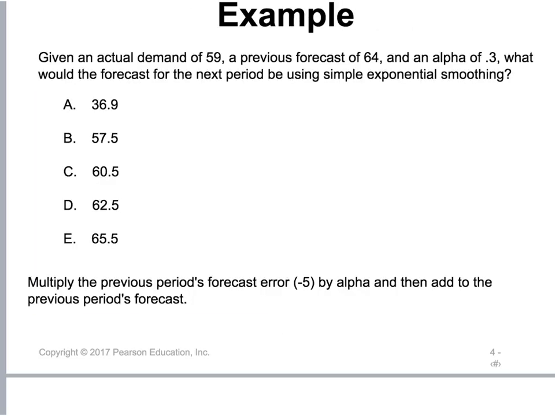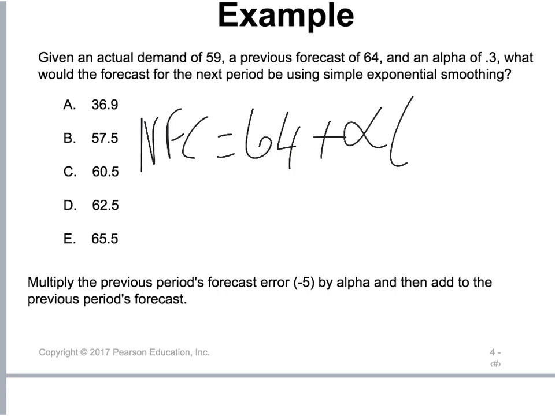Okay, so given an actual demand of 59, a previous forecast of 64, and an alpha of 0.3, what is the forecast for the next period? Once again, the formula is the new forecast is equal to the forecast of the last period, which was 64, plus alpha times the actual minus the forecast. So it's 59 minus 64, my bad.